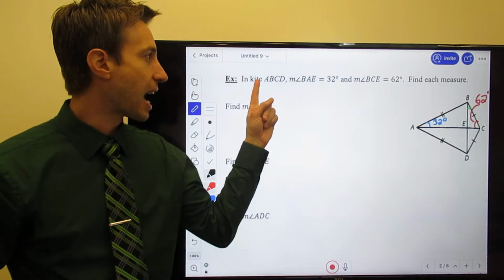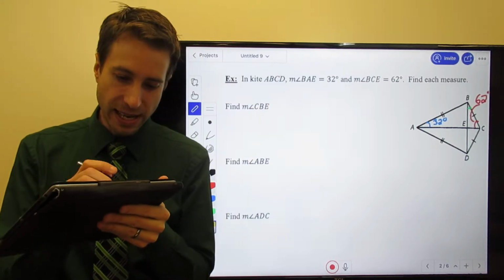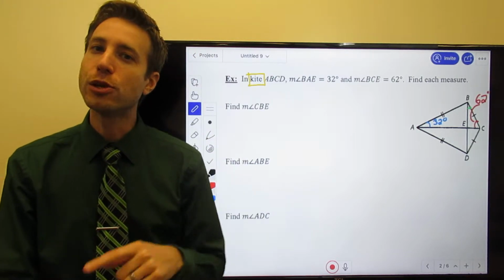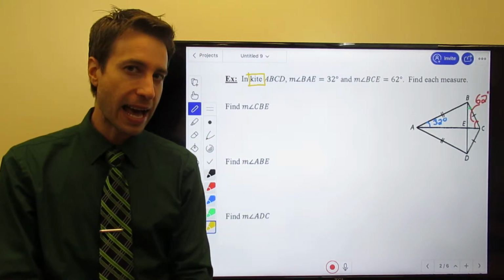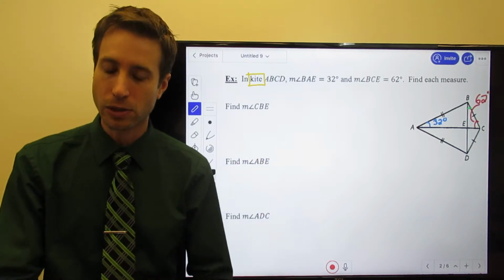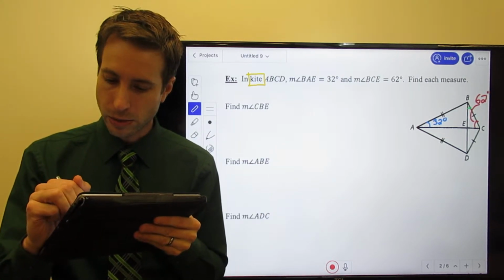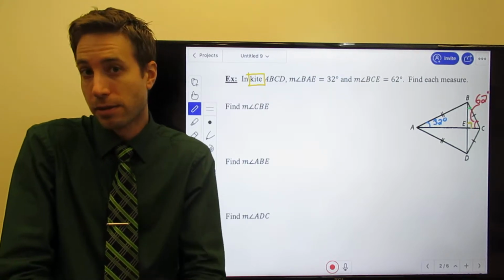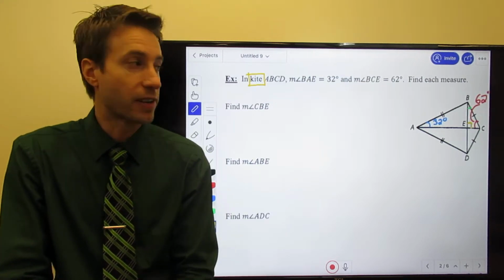Please keep in mind, I tell you that this guy is a kite because it's a kite. What do you know about the diagonals? Well, one of our properties of kites tells me that diagonals are 90 degrees to each other. The diagonals have to be 90 degrees. That's a property of kites.